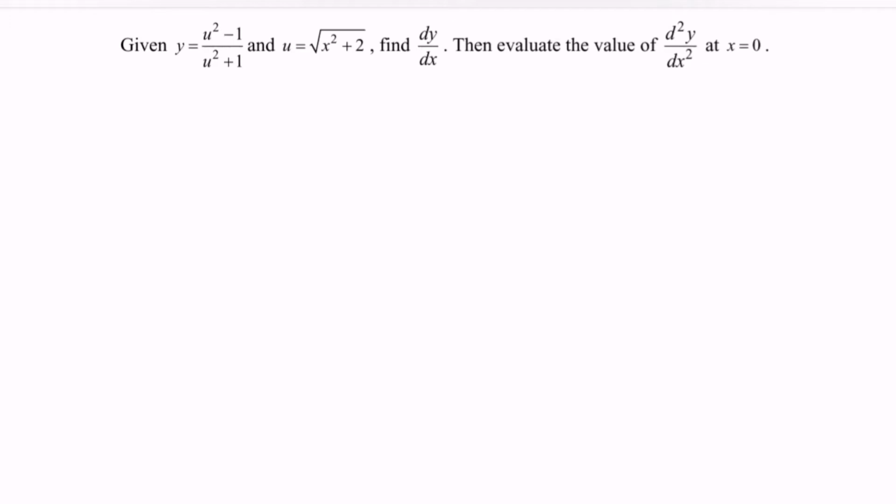At first, I'm going to use the chain rule, where we have dy/dx equals dy/du multiplied with du/dx. Now I'm going to differentiate the function y. Before we differentiate, my suggestion is to do long division to make it a proper fraction.